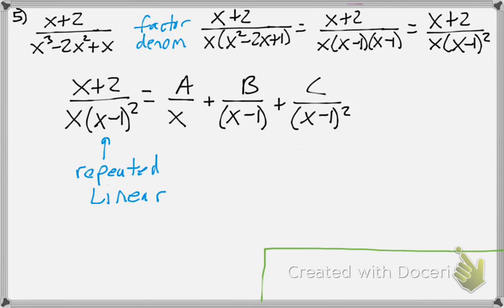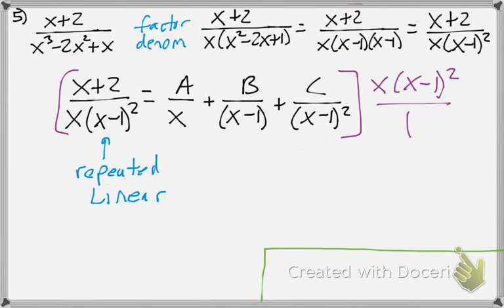This is going to be our partial fraction decomposition. So I do want to multiply by my LCD. So it's going to be the x times x minus 1 squared over 1. Again, I'm multiplying both sides of the equation by it.